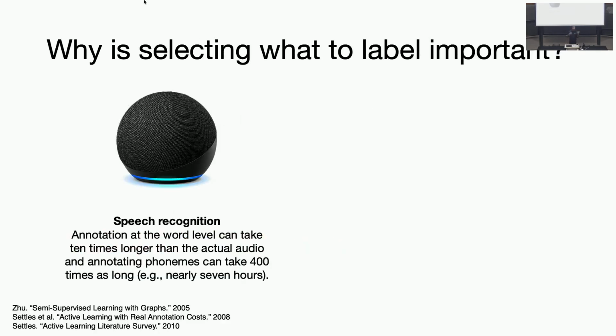So why is selecting what to label important? The labeling process can be really expensive depending on the task. For example, in speech recognition, annotating at a word level can take up to 10 times longer than the actual audio recording, and if we want fine-grain annotations, it can take up to 400 times as long for a single annotation on that audio clip.